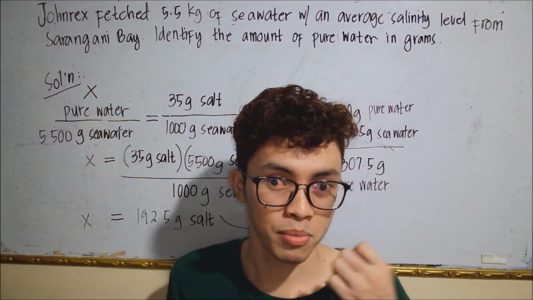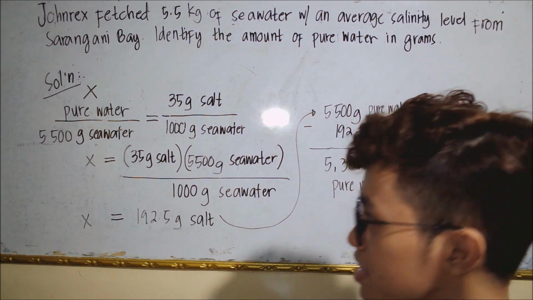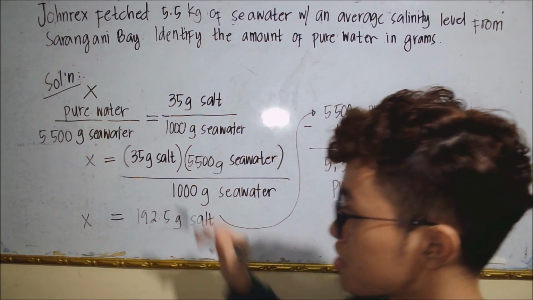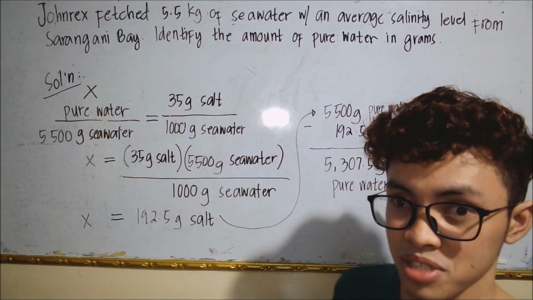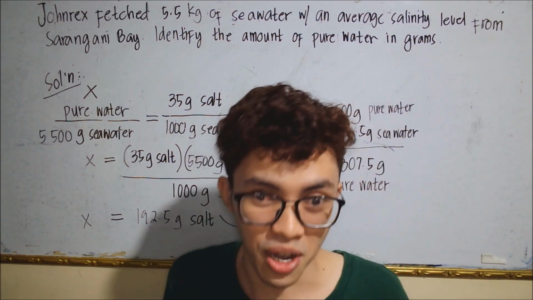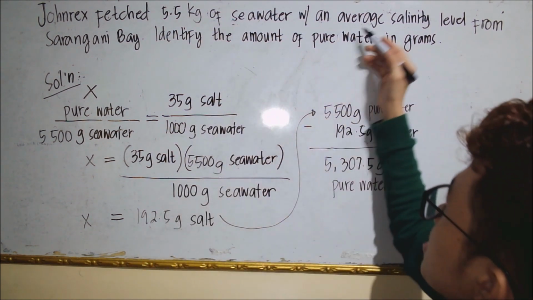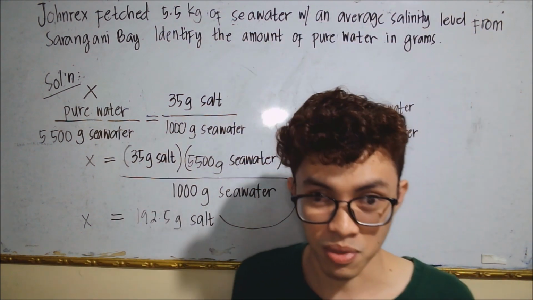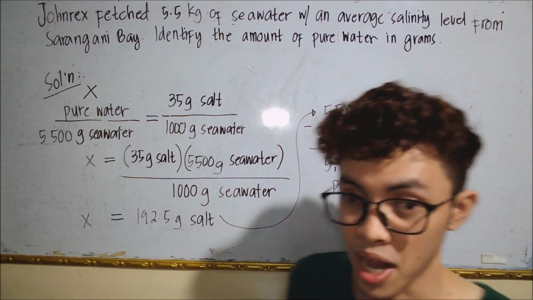Multiply by 1,000 and you'll get 5,500 grams. So we have 5,500 grams of seawater is equal to 35 grams of salt. Again, this 35 grams of salt is from the value of the salinity level, 35 parts per thousand. As mentioned, average salinity. So we'll just use that one, and then over 1,000 grams seawater.